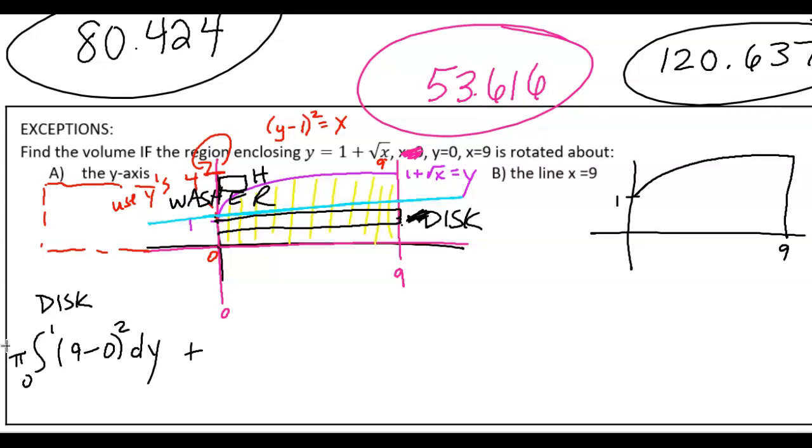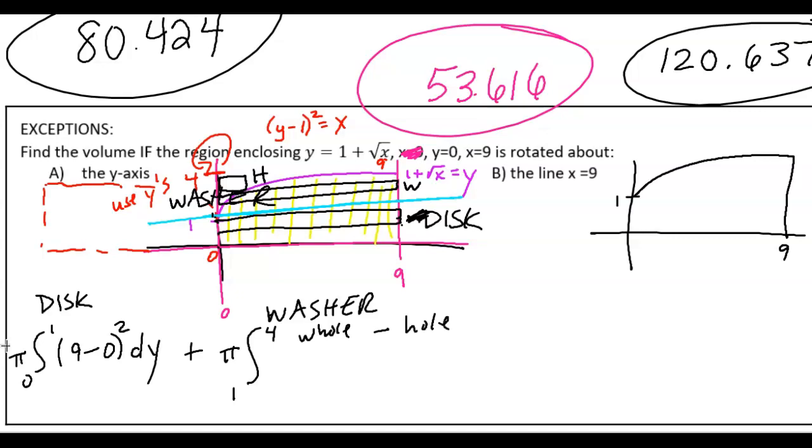There's not a hole all the way throughout. And so whether or not we realized it, our other holes went all the way from top to bottom. So now the washer part, we're going to set up another hole. So I'm still going from 1 to 4. And I've got hole minus hole.